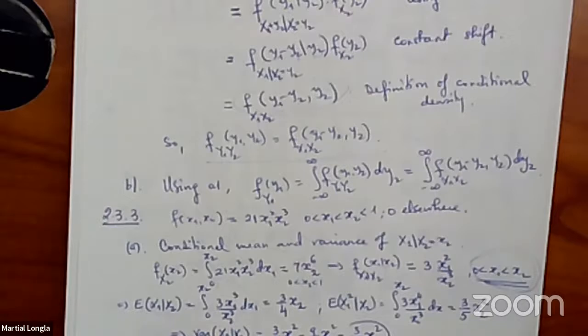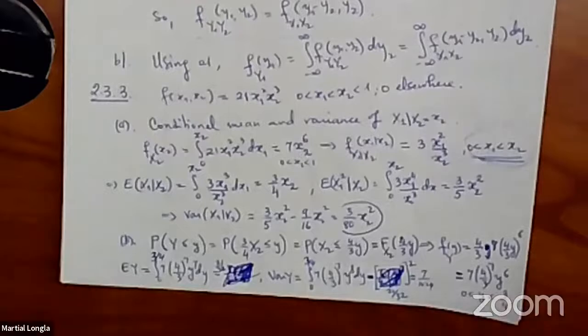And then the second part of the problem was asking to find the expected value of y and the variance of y, and then do a comparison. I see many people had some issues here. The question is not asking you to use a theorem. It's actually to verify the theorem at this point.